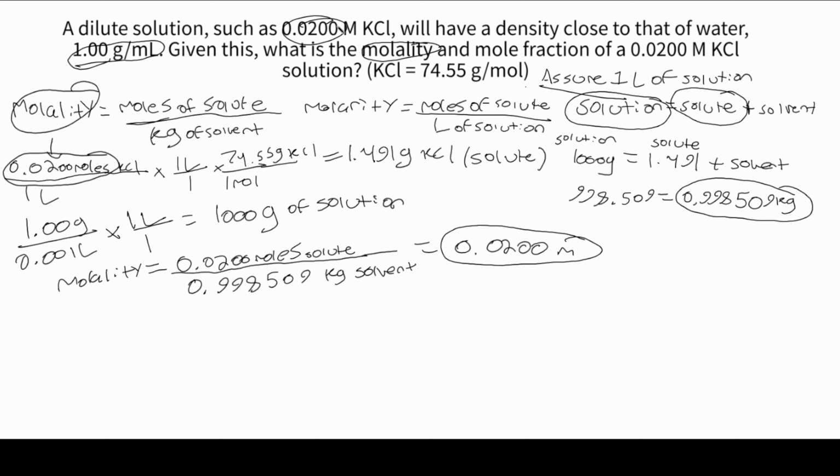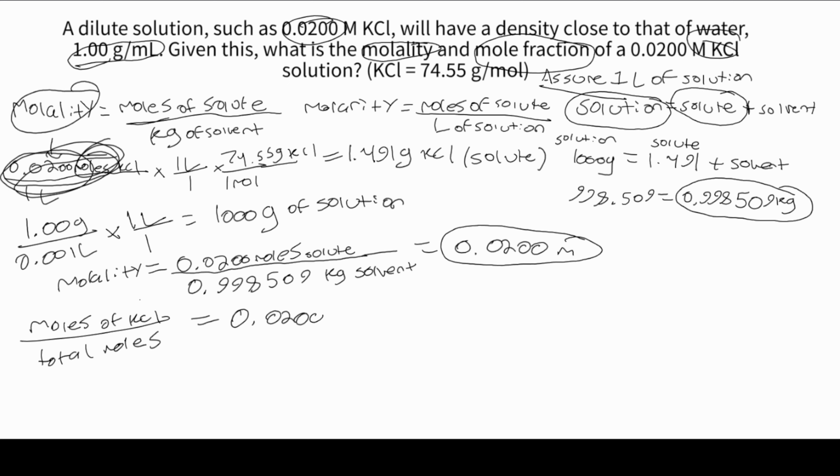Now let's go on to the next part of the problem, which asks for the mole fraction of the KCl. If we're trying to find the mole fraction of the KCl, we're going to put the moles of KCl over the total moles. We know that the moles of KCl is just this, 0.0200 moles KCl.